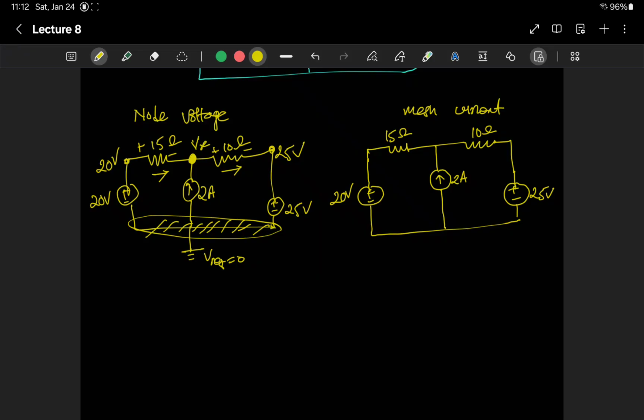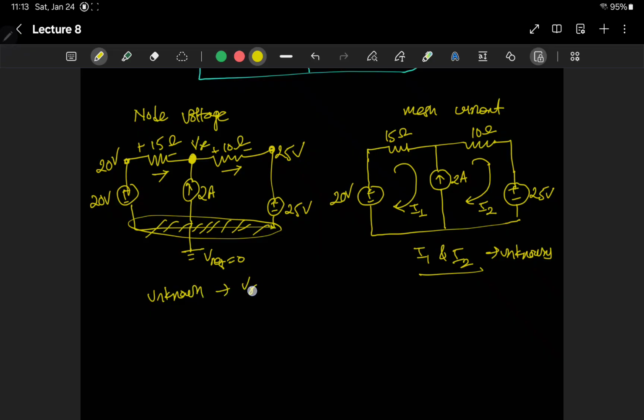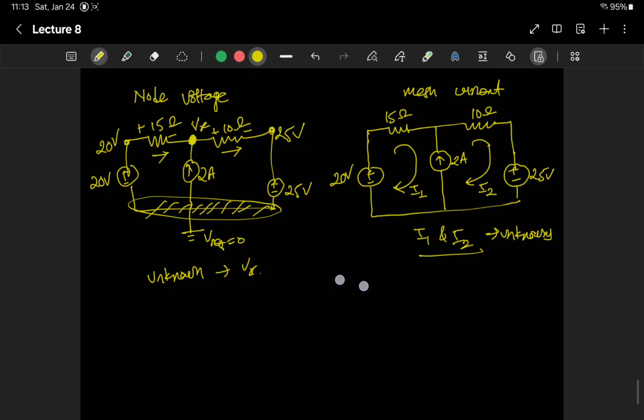With the mesh current method, you have to use two different meshes, I1 and I2, and unlike the earlier problem, you cannot say the value of either I1 or I2 just by looking at the circuit. So here we have two unknowns, I1 and I2, while with node voltage our only unknown is Vx. So it makes sense to use the node voltage method in this case. Let's solve this problem using the node voltage method.